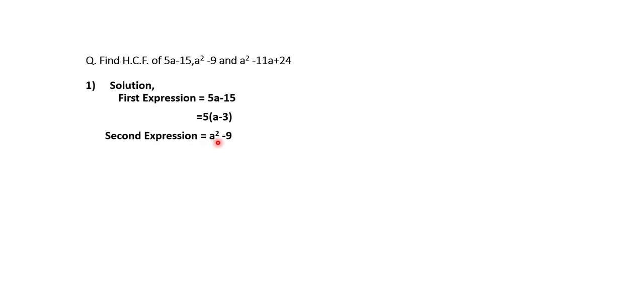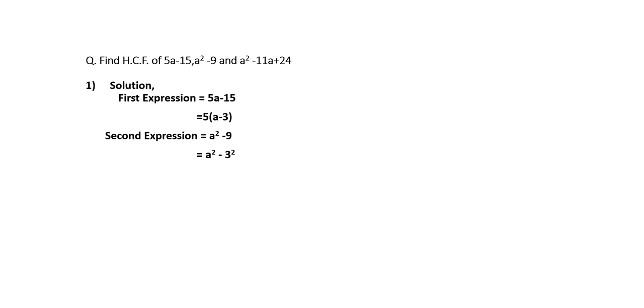And here there are also two terms, as I told you in the previous expression. First of all, we have to check whether there is a common factor or not. Okay, there is no common factor, but we have to check here whether they are in formula form or not. Yes, they are in formula form. First one we can express as a square, and second term we can express as b square. That means 9 is the square of 3.